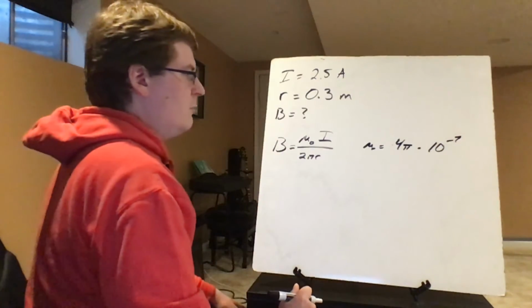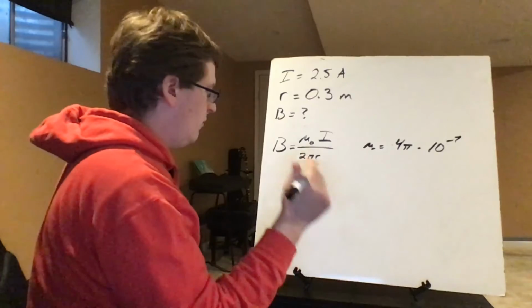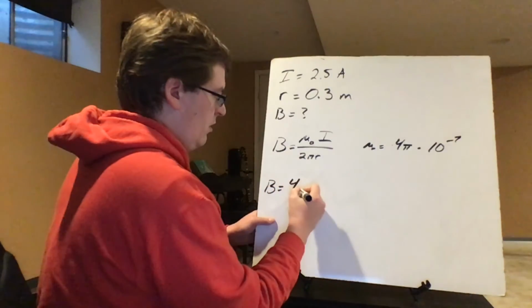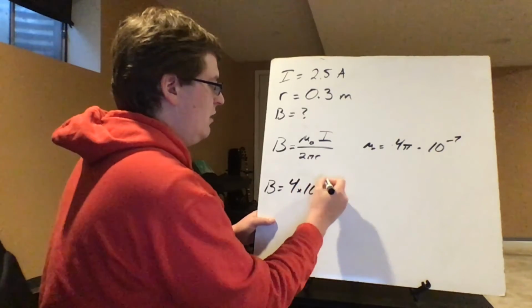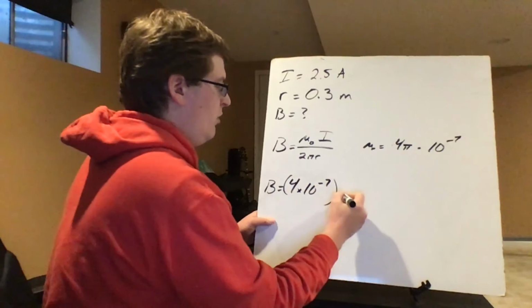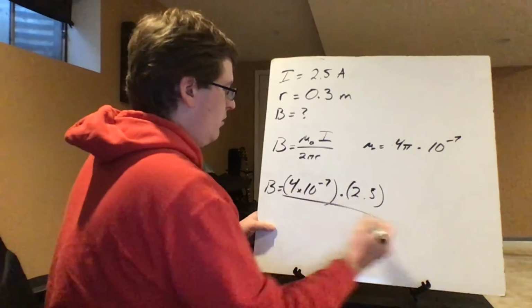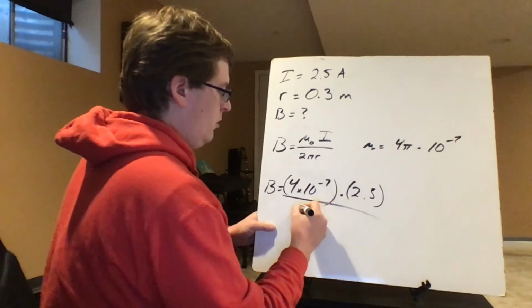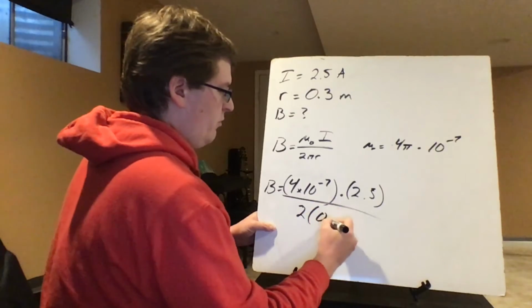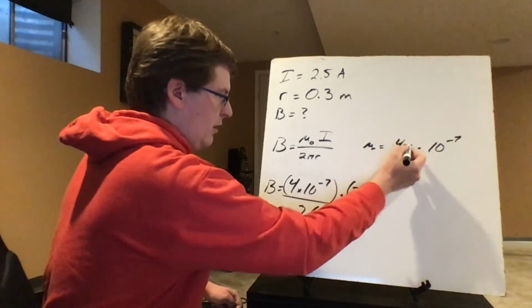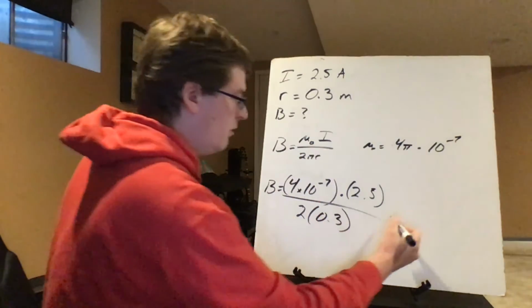That means I could rewrite that and cancel out pi if I were so inclined. So I might write this as 4 times 10 to the negative 7th multiplied by 2.5, that's the current, divided by 2 times the radius, that's 0.3. Remember, I canceled out the pi in mu naught and the pi in the denominator.